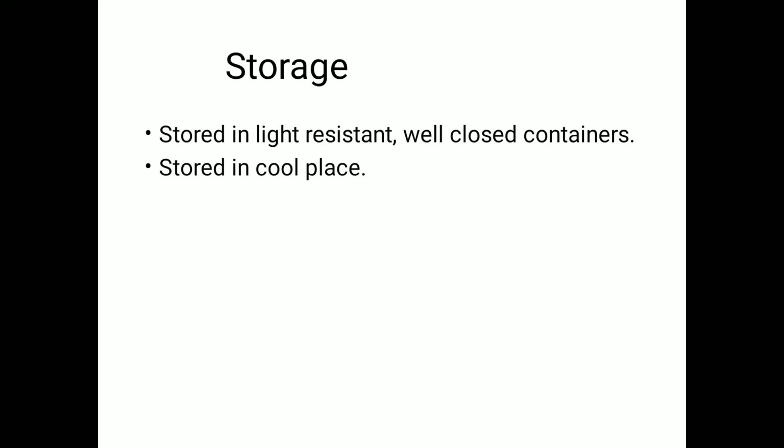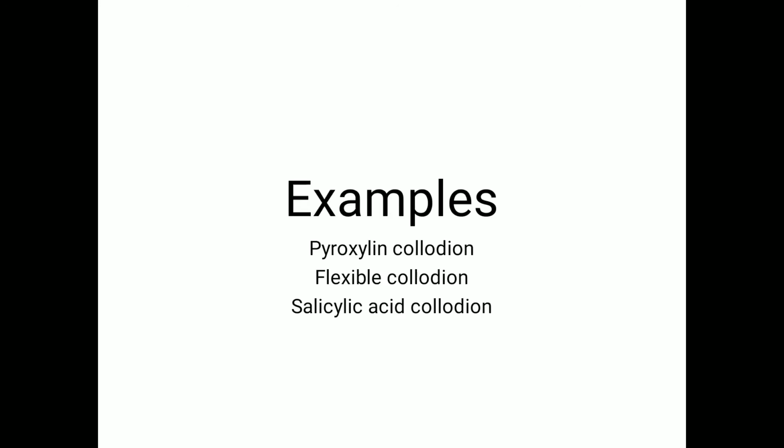Collodions can be stored in light resistant, well closed containers, in a cool place. Examples are pyroxylin collodion, flexible collodion and salicylic acid collodion. Flexible collodion is used as a base for the preparation of other types of collodions. Discussing them individually.